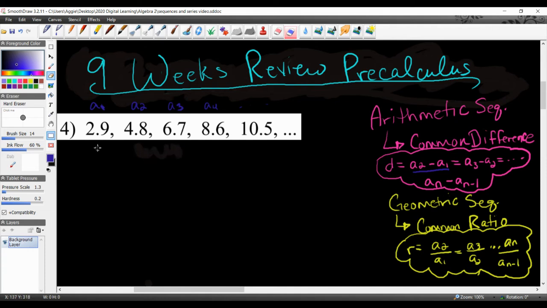A picture might help: going from 2.9 to 4.8, you're adding some number. From here to here, you're adding the same number, and that would mean it's arithmetic if it's the same all the way across.